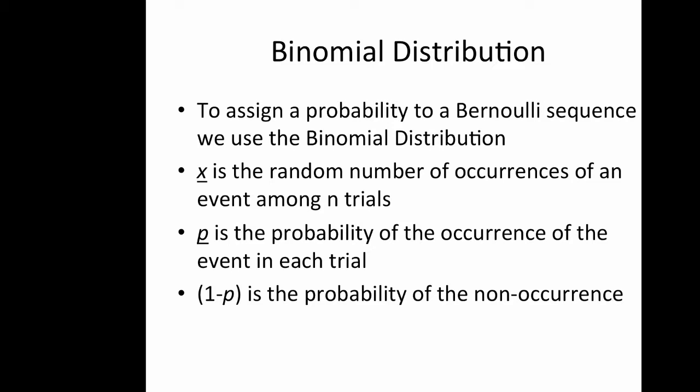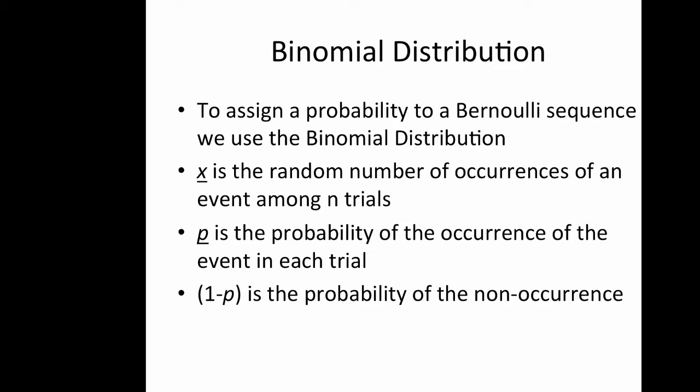A couple of definitions. X is going to be the random number of occurrences of an event among n trials. So for the bulldozers, we had, let's say, 3 trials, because after 6 months we evaluated the 3 bulldozers, and each bulldozer evaluation of being operational or non-operational is a single trial.